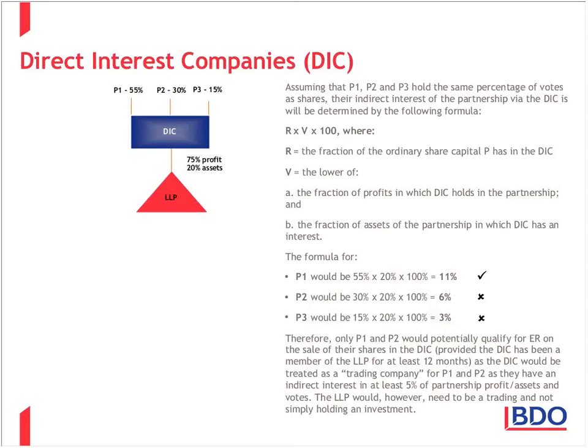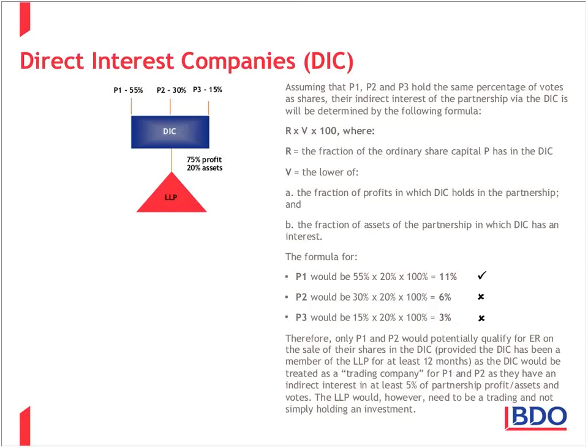Therefore, it's 55% multiplied by 20 multiplied by 100, which is 11%. This means that for P1, she has an 11% indirect interest in the LLP, which means that the LLP's trade is imputed into the direct interest company for P1.